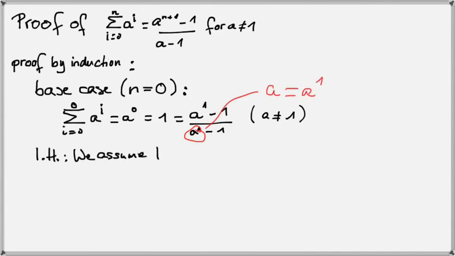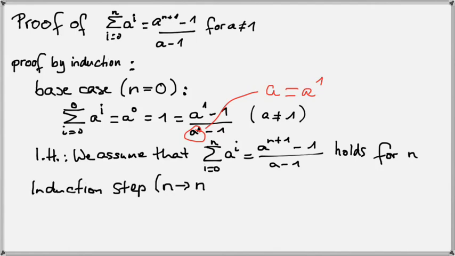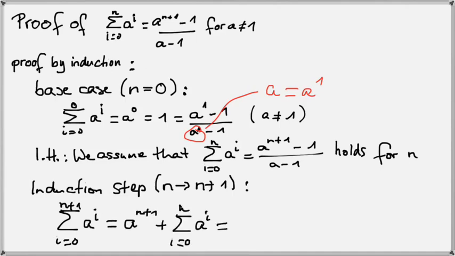Now the induction hypothesis: we assume that this equality holds for some n, and now we want to prove it for n plus 1 in the induction step. We use a standard trick: we split off the last term.